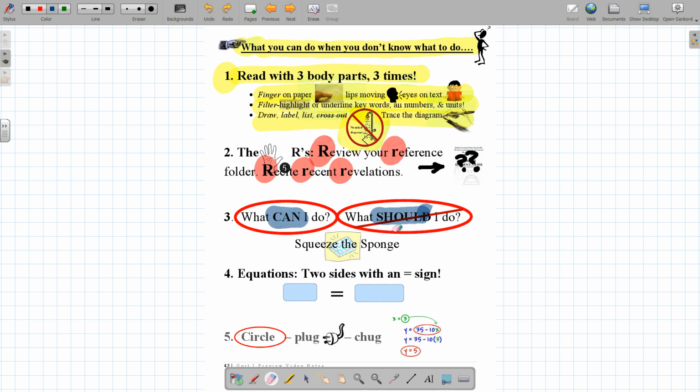I'm going to model this for you for the next couple problems. But before we do that, we need to learn to translate words to math.